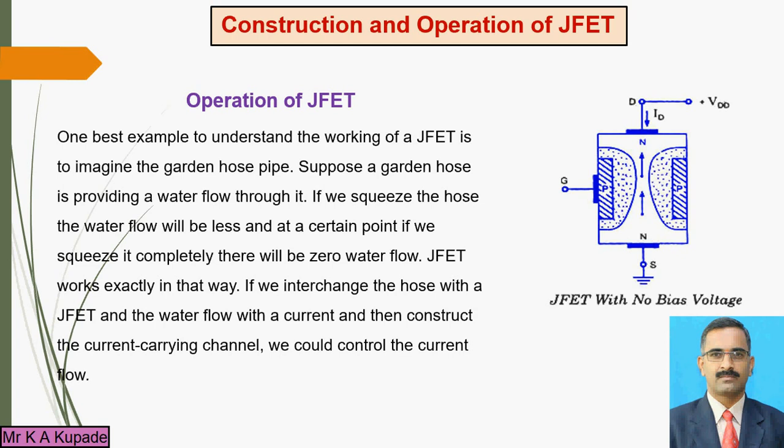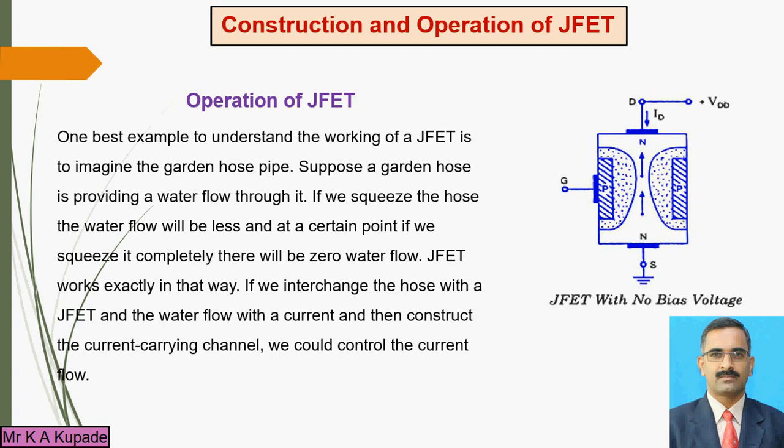Whenever you apply positive voltage through the drain, with the source negative, and keep the gate open, then due to that open situation the junction forms a barrier width.